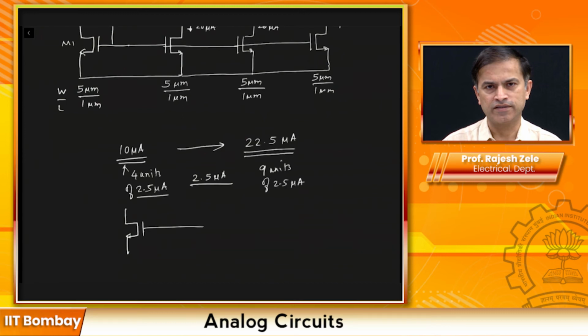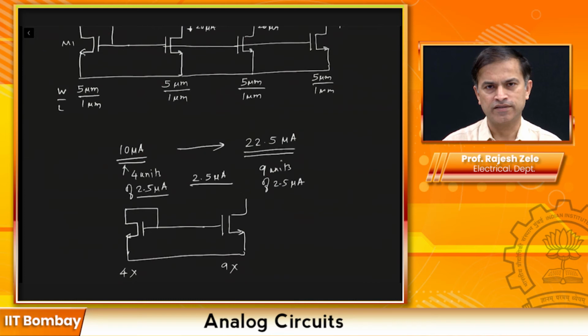Okay, so 10 microamps is 4, another 10 microamps is 4, so 4 plus 4 plus 1 would be 9 units. Then I would create a current mirror in such a way that this would have 4x, meaning 4 units, and this would have 9x, meaning 9 units.